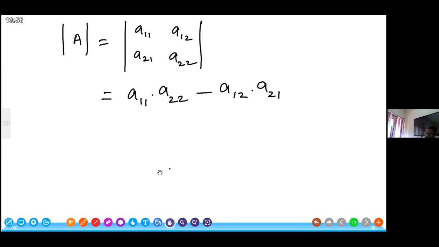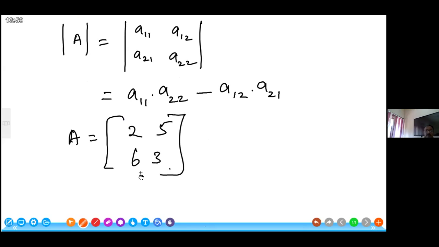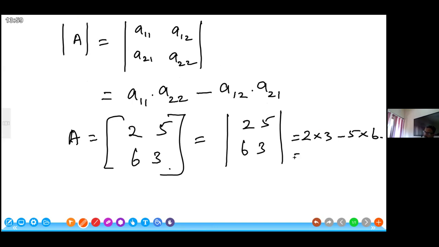Suppose, let's say, I have a matrix A: 2, 5, 6, 3. What is the determinant of this? Take the determinant of 2, 5, 6, 3. Multiply 2 into 3 minus 5 into 6. So that is 6 minus 30, which is minus 24.